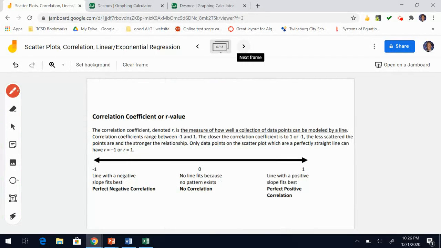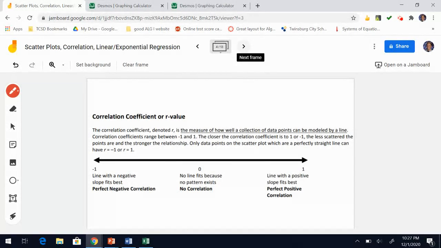The correlation coefficient, denoted as R, is the measure of how well a collection of data points can be modeled by a line. Correlation coefficients range between -1, that's the perfect negative correlation, and 1, the perfect positive correlation. The closer the correlation coefficient is to 1 or -1, the less scattered the points are, okay? So that's where it's going to be really close to that line of best fit, and the stronger the relationship.